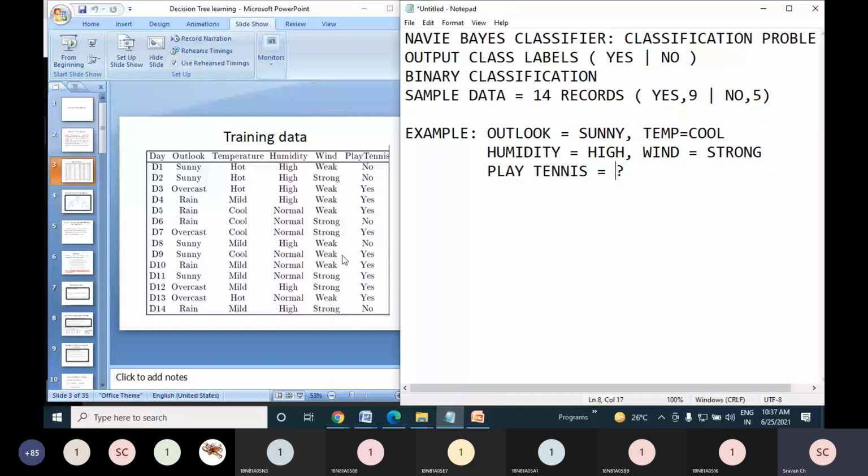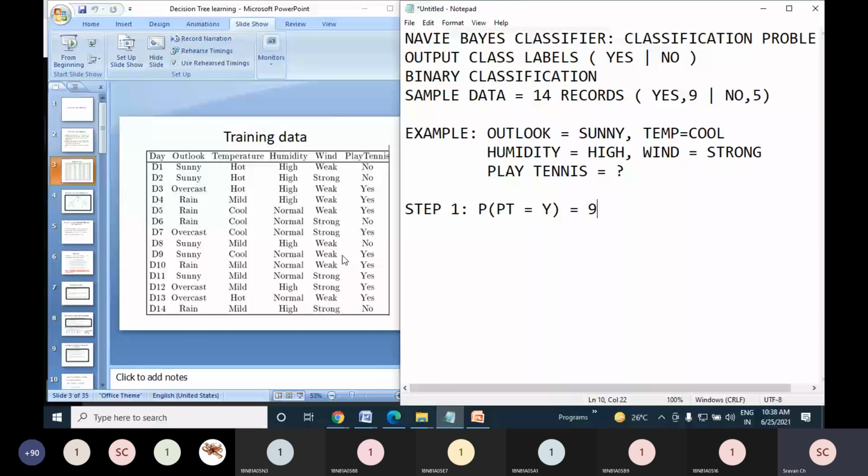So now let me solve the problem. This is the solution we started yesterday. Step one, I need to find the probabilities of playing tennis in general, meaning on the entire population. Looking at the data set, the probability of playing tennis, PT equal to yes: out of 14, 9 times this fellow was going to play the tennis game.